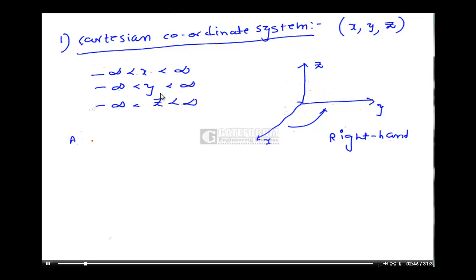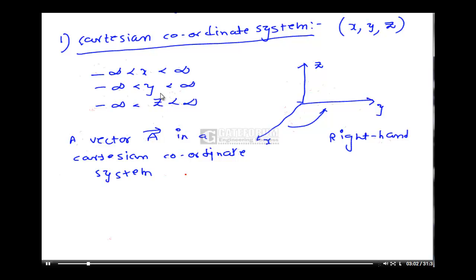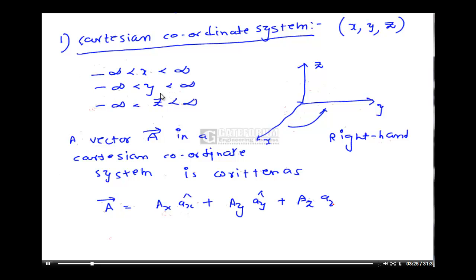Generally, we know that a vector a bar in a Cartesian coordinate system is written as a bar is equal to ax, x bar, that is scalar component in x direction multiplied with the unit vector along x direction, plus ay, y bar, plus az, z bar.